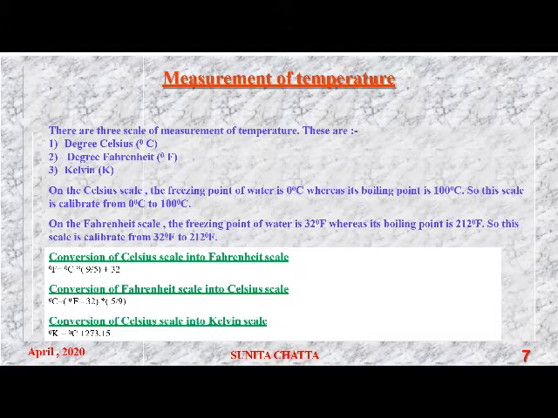On the Celsius scale, the freezing point of water is 0 degrees C, whereas the boiling point is 100 degrees C. So this scale is calibrated from 0 degrees C to 100 degrees C. On the Fahrenheit scale, the freezing point of water is 32 degrees F and boiling point is 212 degrees F. So the scale is calibrated from 32 degrees F to 212 degrees F. Conversion of Celsius scale into Fahrenheit scale, conversion of Fahrenheit scale into Celsius scale, and conversion of Celsius scale into Kelvin scale.